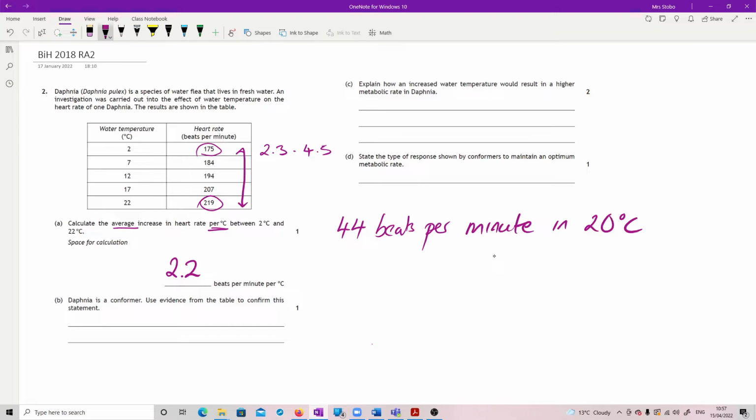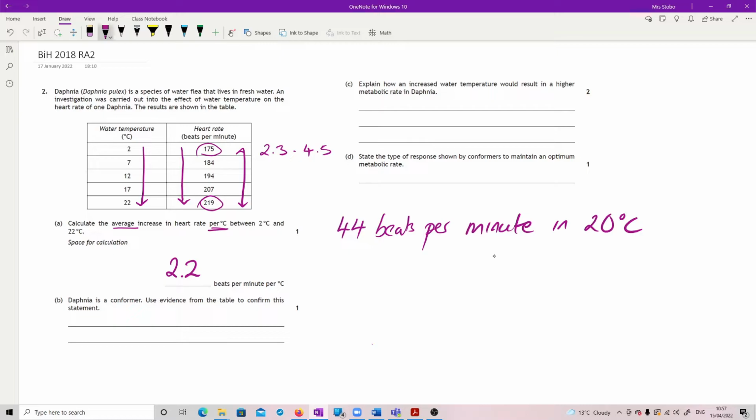Use evidence from the table to confirm this statement. So conformers are altered by the external environment. They do not regulate regardless of the external. They change with the external. And what we have here is increasing water temperature and an increase in the heart rate as you go. So there's nothing where it's stayed the same regardless of the external temperature.